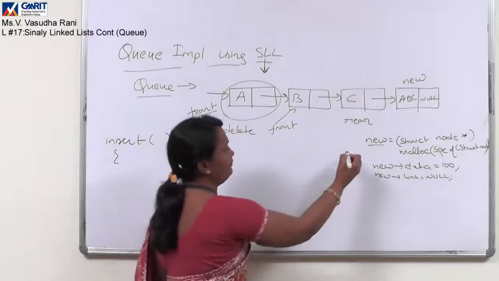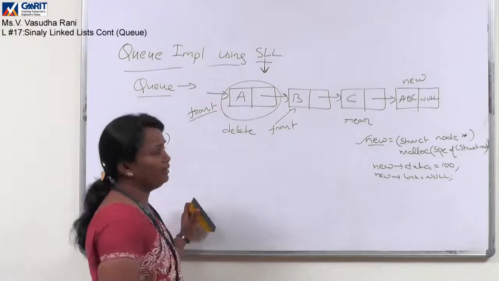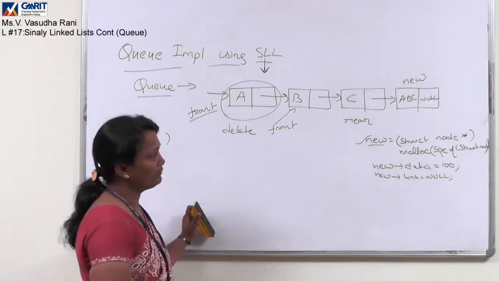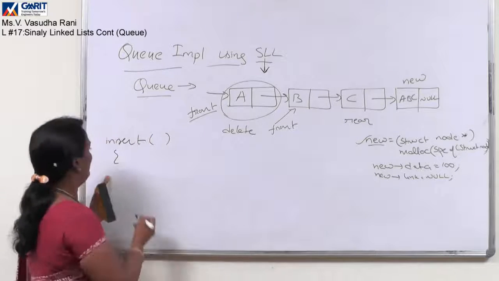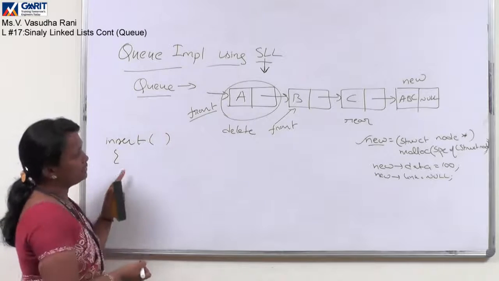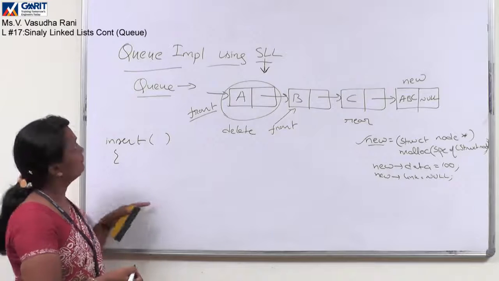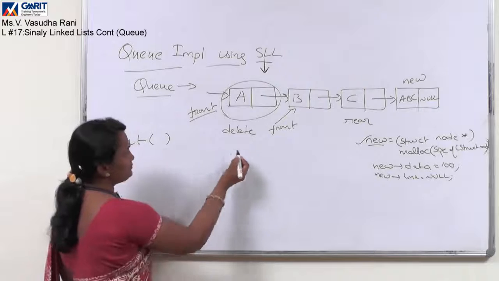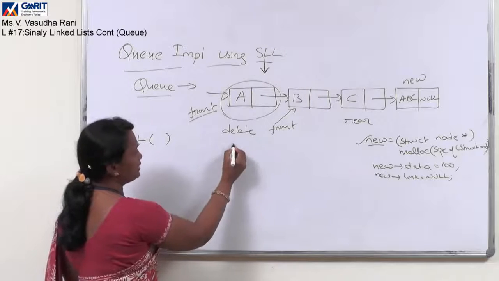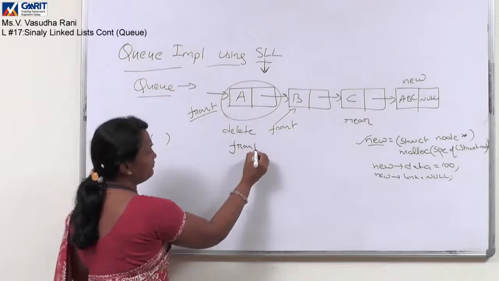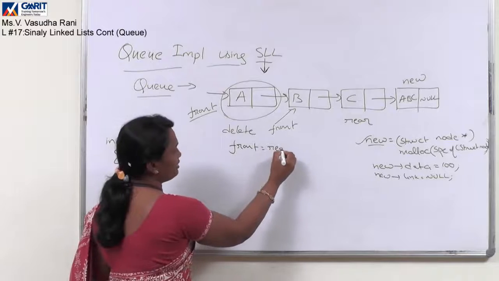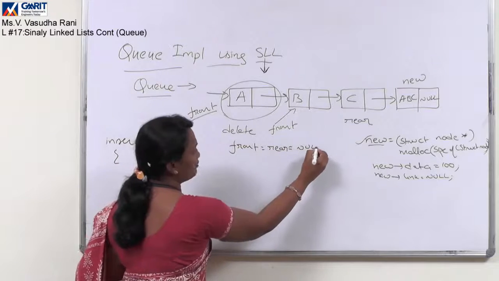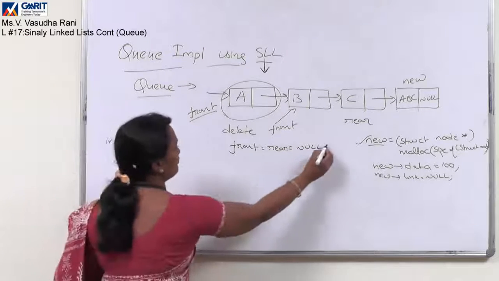Like this, every time we are creating a new node, we are creating the memory for a new node. And in order to develop the module for this insert operation for the queue with single linked list, if you consider the pointers first, initially both the pointers front and rear, we have to take them as null.